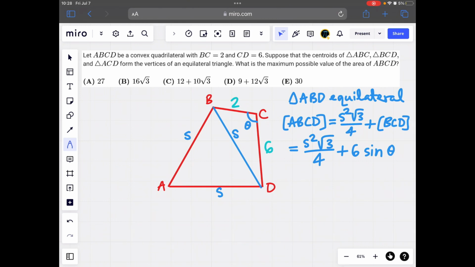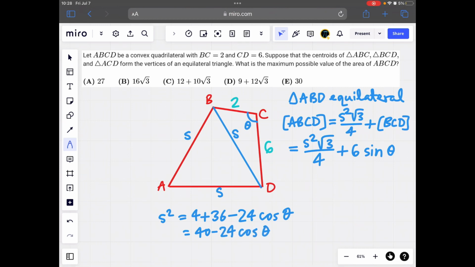We can also find S using theta by the law of cosines. We can use it on triangle BCD, and we can find S squared. So S squared is equal to 2 squared plus 6 squared, 4 plus 36, which is 40, minus 2 times 2 times 6, which is 24 cosine theta. And that's just 40 minus 24 cosine theta.